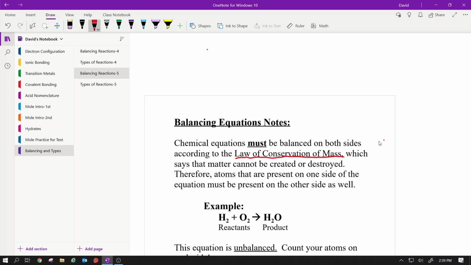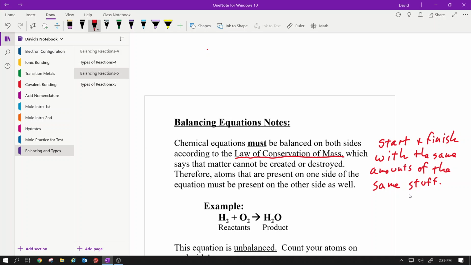Here's how you can summarize the law of conservation of mass. You have to start and finish with the same amounts of the same stuff. And when I say stuff, I mean elements like carbon, hydrogen, oxygen, nitrogen, sodium, whatever.